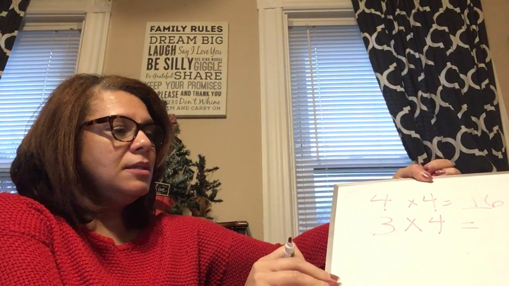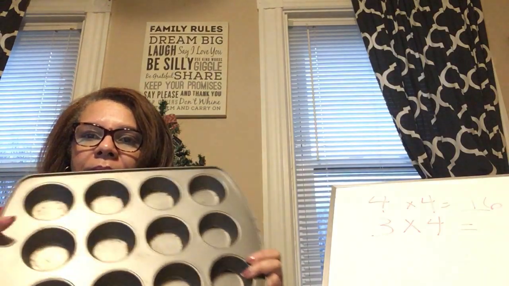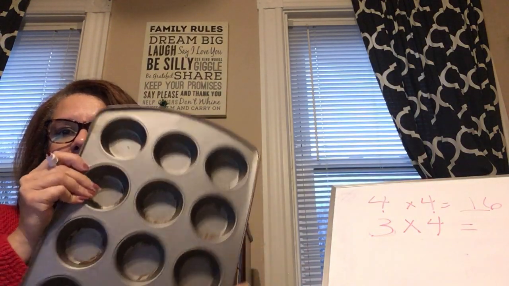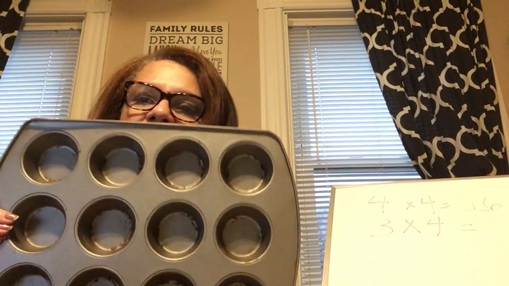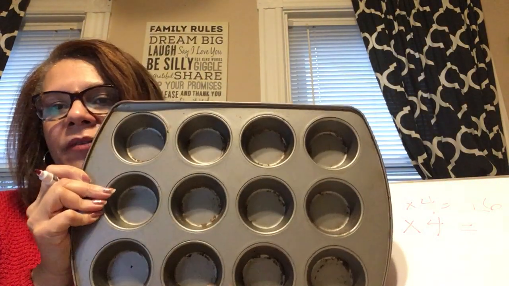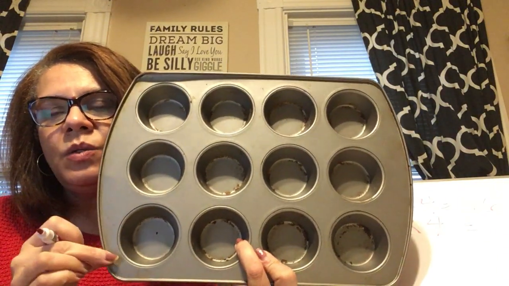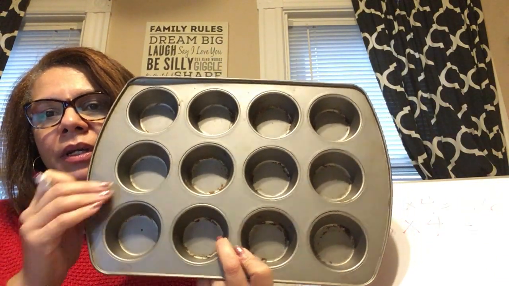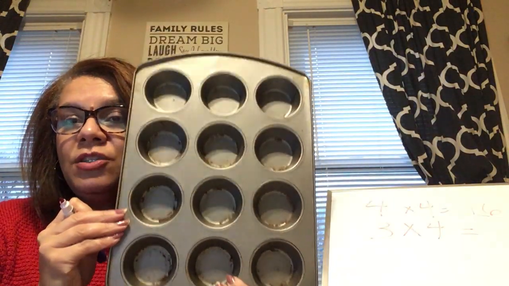It's good practice to count by these numbers. Ready? Or actually, let's count by 4. We'll hold it this way. We count by 4. Ready? 4, 8, 12. Good. If we hold it this way, the commutative property says it should be the same answer.